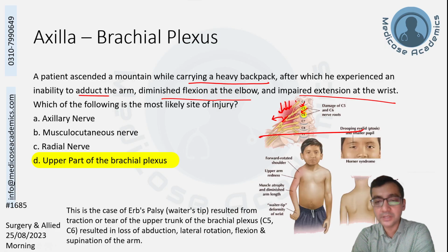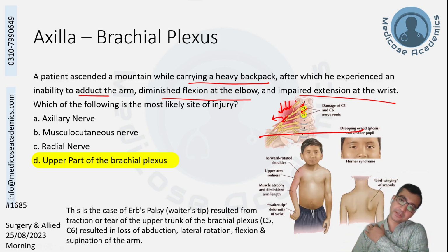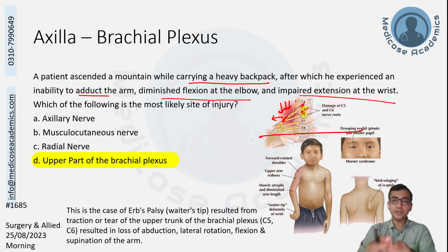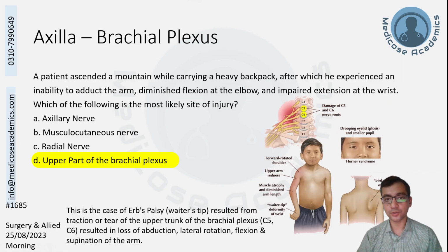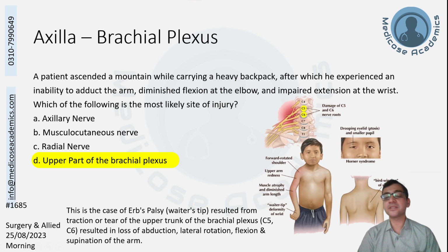That usually occurs if a person falls head down on the ground like this, and the head is separated from the shoulder joint, or during difficult labor, when the person doing the delivery pulls the head too much, increasing this angle. All of these are causes of injury, and that leads to the loss of all the muscles that are supplied by the C5 and C6 myotomes.